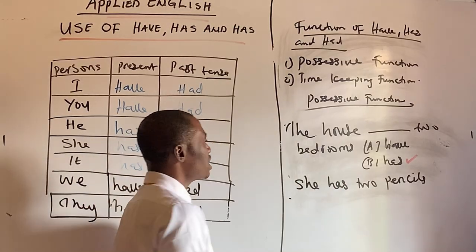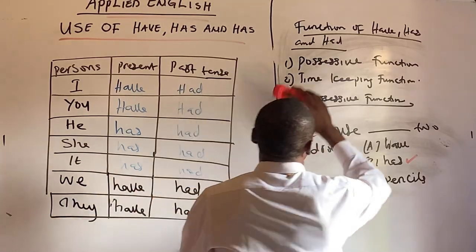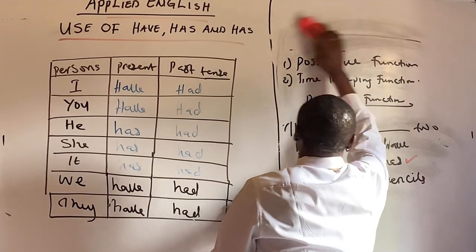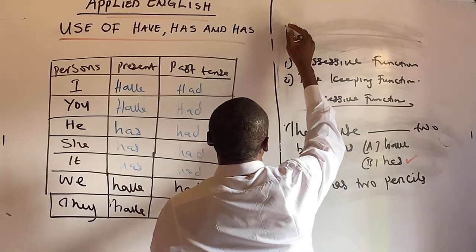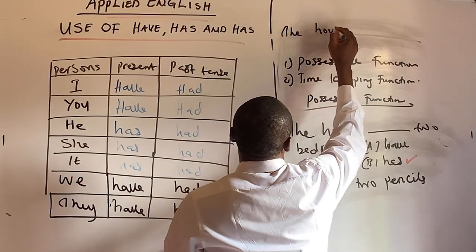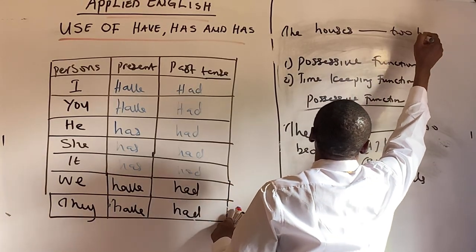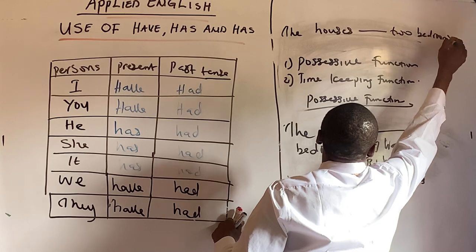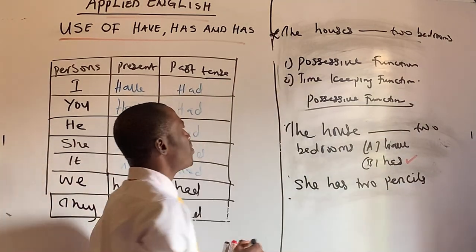What if I put houses? Let me write again. What if I say the houses dash 2 bedrooms?